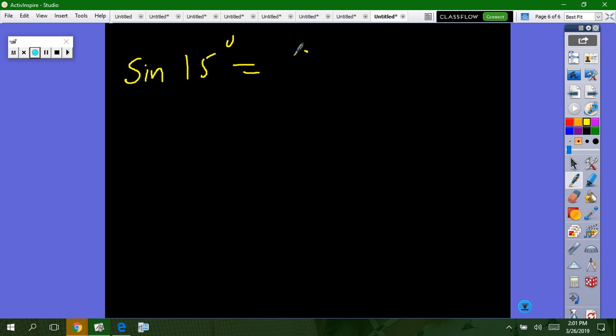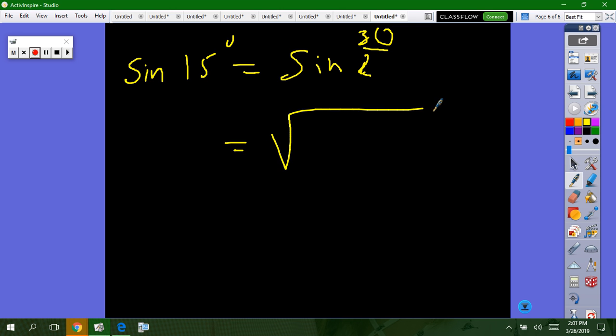Isn't this equivalent to sine of 30 divided by 2? Everybody agree with that? Is it plus or minus? What is sine of 15? It should be positive because it's in quadrant 1, right?